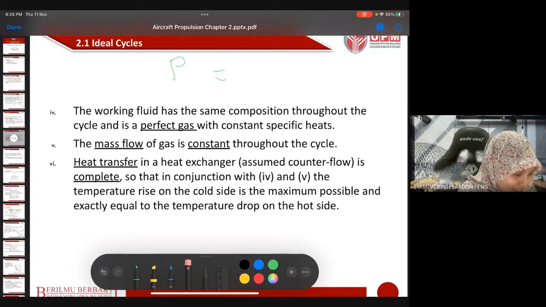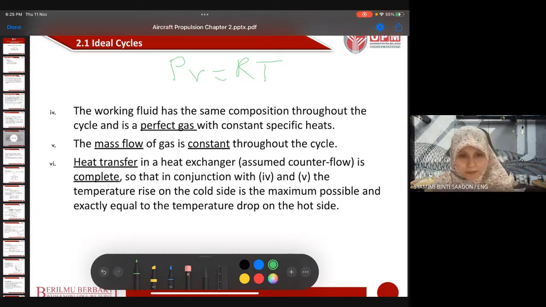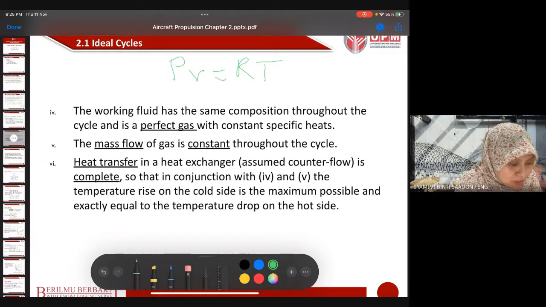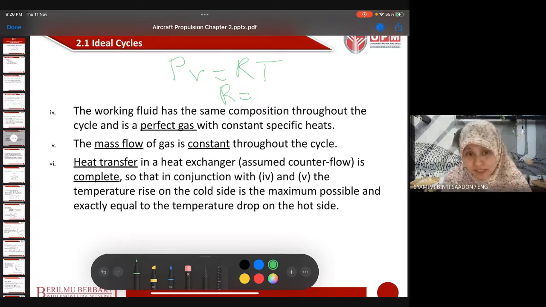But because there are some different ratios, I will use this one: Pv equals RT. P is pressure, small v is the specific volume, in meter cube per kilogram, R is the gas constant, in joule per kilogram per Kelvin, and T is temperature. R is a gas constant, so it is always given. We can search for the value. It is a fixed value. For example, R for air is 287.